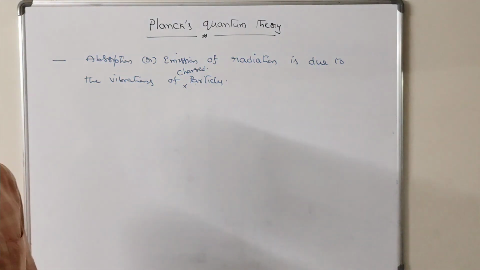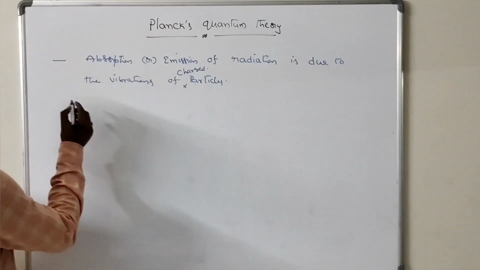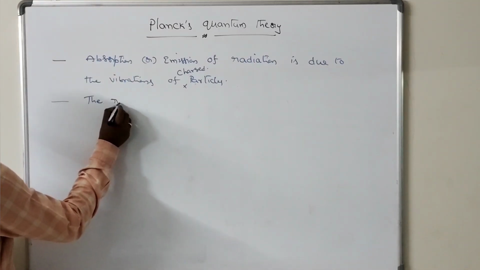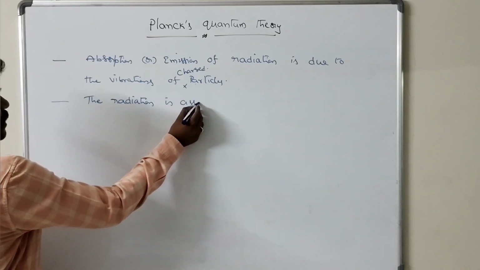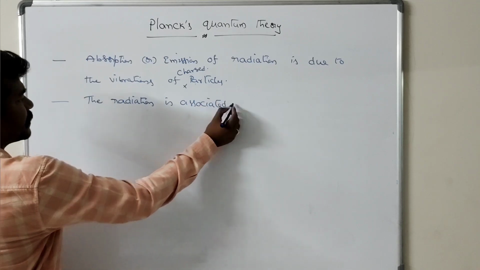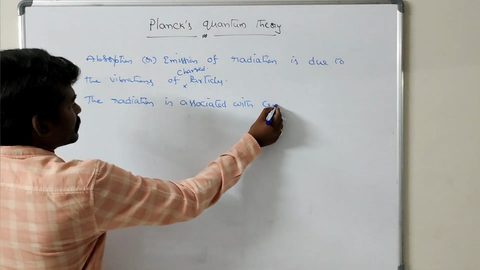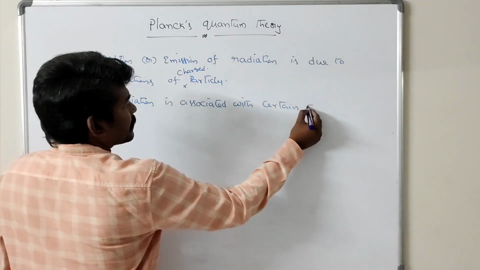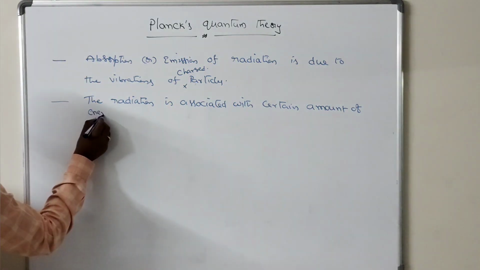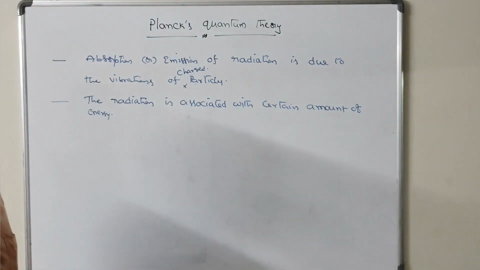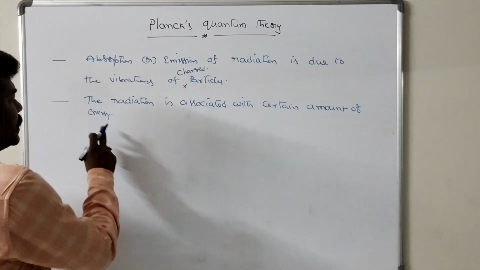The second one is the radiation is associated with a certain amount of energy. Each and every radiation is associated with a certain amount of energy, and the energy is always in a discontinuous waveform.